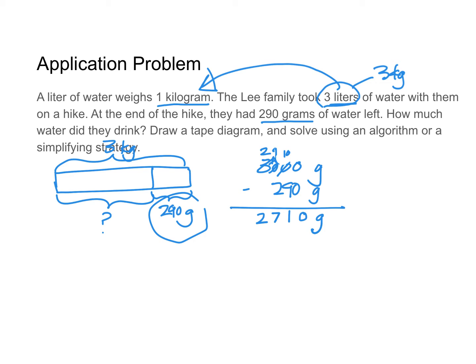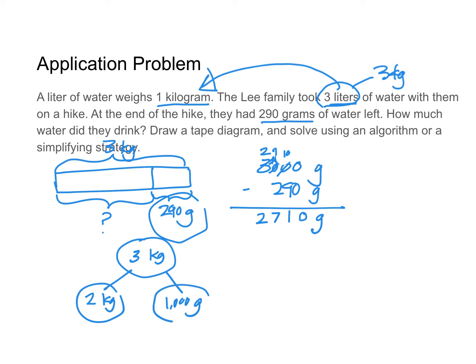If we did this as 3 kilograms, I would have to take my 3 kilograms and break it apart, right? I could turn it into 2 kilograms and 1,000 grams. Because I know that 1,000 grams is equivalent to 1 kilogram, and if I add 1 kilogram and 2 kilograms, I'm going to get the 3 kilograms that we started with.